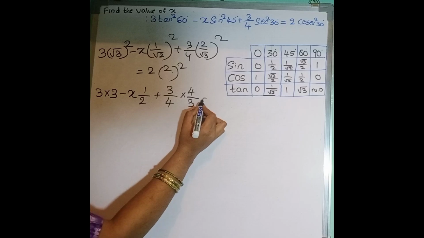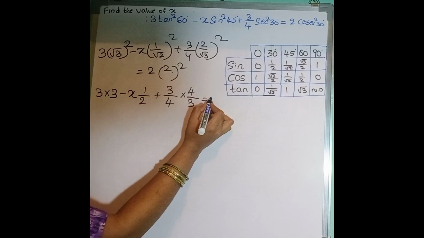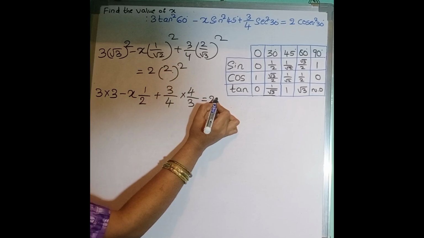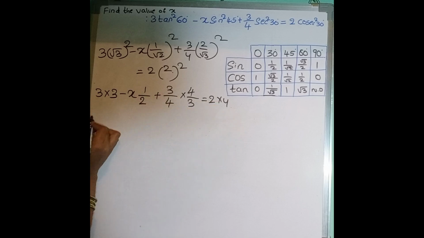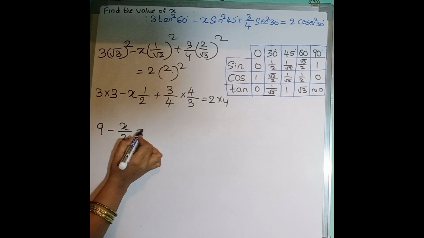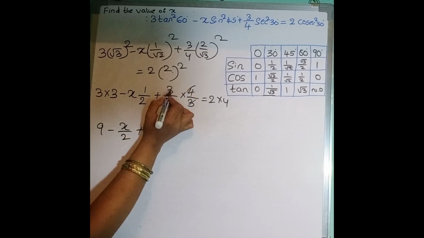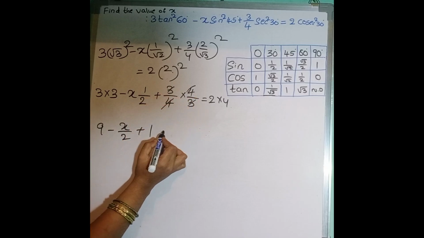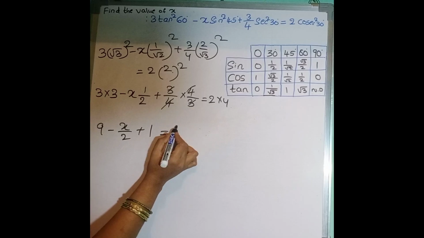It is equal to 2 square, 2 2s are 4, 3 3s are 9, minus x divided by 2, plus 4 4 cancel, 3 3 cancelled, left 1, is equal to 4 2s are 8.